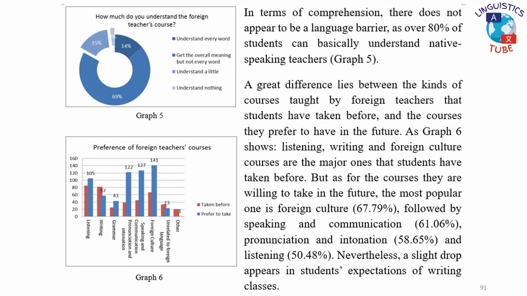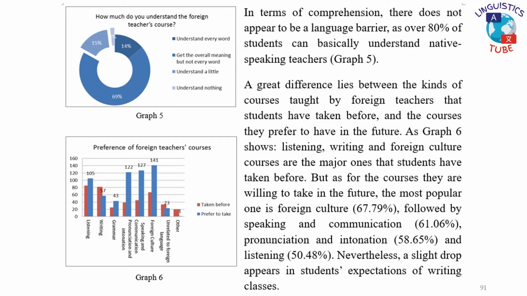A great difference lies between the kinds of courses taught by foreign teachers that students have taken before and the courses they prefer to have in the future. As Graph 6 shows, listening, writing, and foreign culture courses are the major ones that students have taken before.